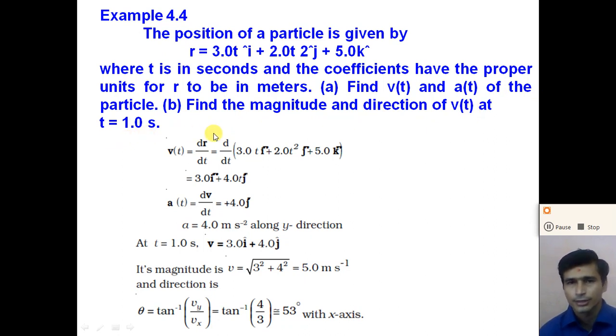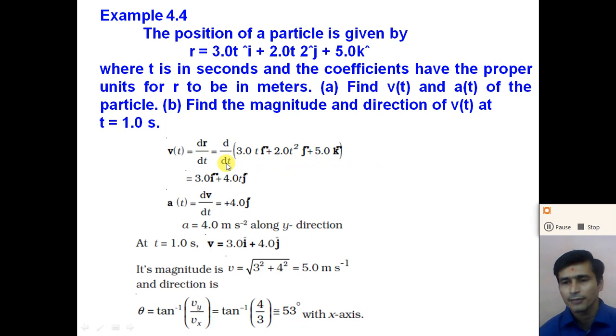So dear student, how can we find the velocity from the position equation? The differentiation of the position with respect to time gives the instantaneous velocity. So velocity at time t, v(t) is equal to dr by dt. We just need to differentiate the equation of the position. So d by dt of 3t i plus 2t square j plus 5k.